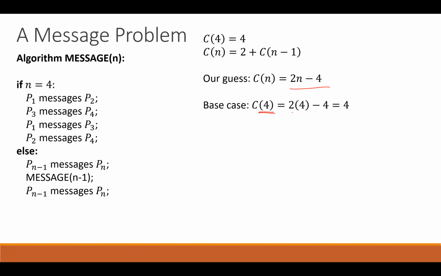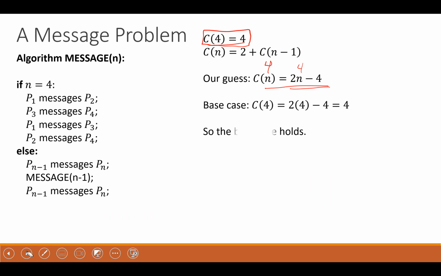So C of 4 is equal to 2 times 4 minus 4, which is equal to 4. So it's 8 minus 4. So I've shown that my closed form holds for this base case. Okay. So the base case holds.